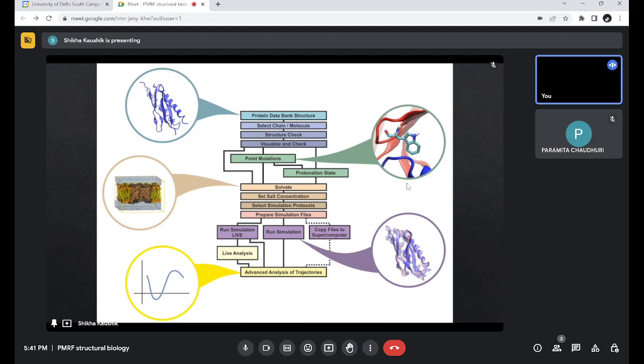You insert certain mutations with the help of the computer, with molecular dynamics tools, and then you try to understand what structural changes the protein has undergone due to these mutations. Then you align both structures and understand what changes lead to the inactivity of that particular enzyme. So this is just an overview of what you have to do when doing a molecular dynamics simulation, especially in terms of proteins.